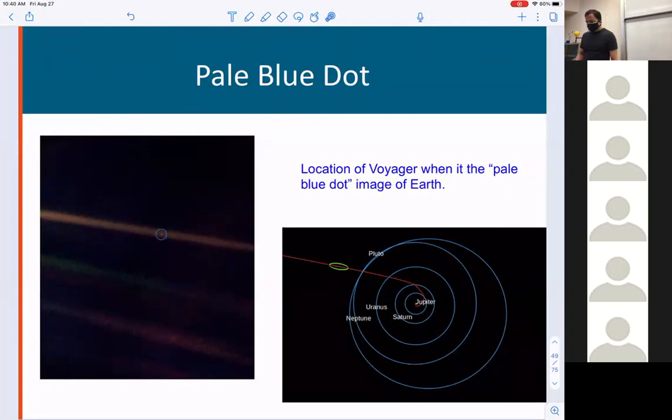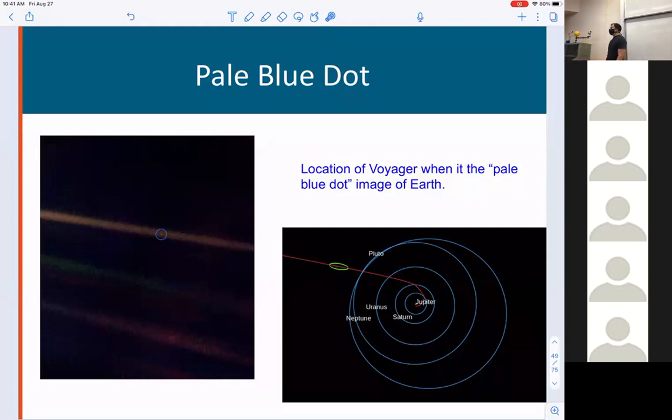But at some point in the 80s, it went a little past Pluto, which is about 3 billion miles away from us. And right when the spacecraft was somewhere here, Carl Sagan, because he's Carl Sagan, was able to make a request to NASA, and he said, can we turn the camera on this satellite around and take an image of us from this perspective?